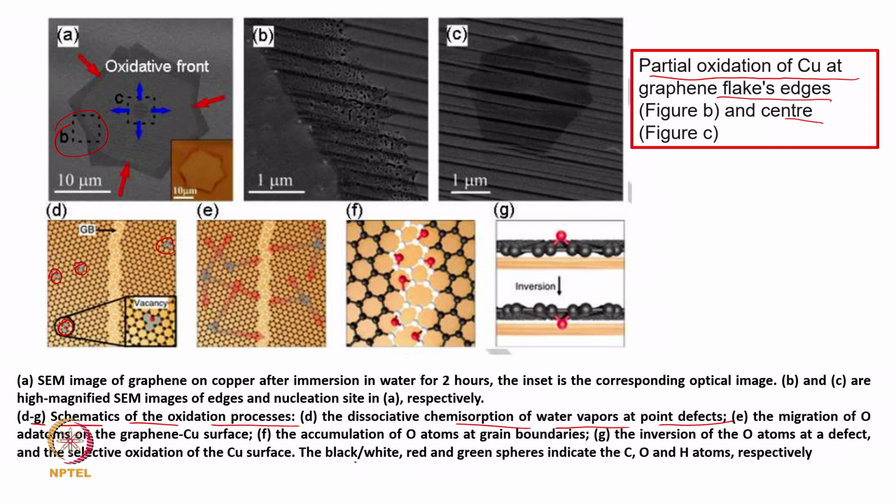That is why black and white is carbon, red is oxygen, and the green sphere is hydrogen. So, we are showing the green and red, the oxygens on the surface, while oxygen inversion is shown here. Initially the oxygen gets attached to the carbon, and then with the process it gets inverted inside. Once the oxygen gets inside, partial oxidation of the copper happens.